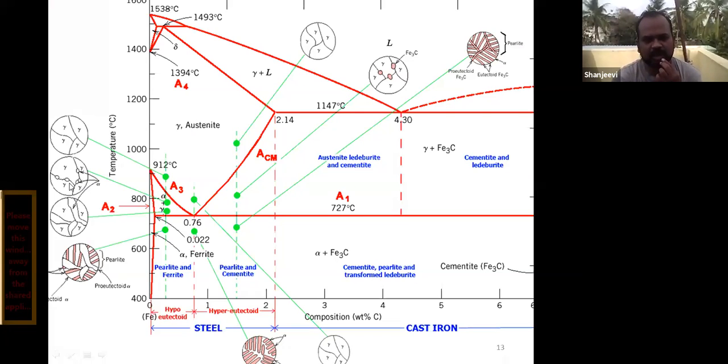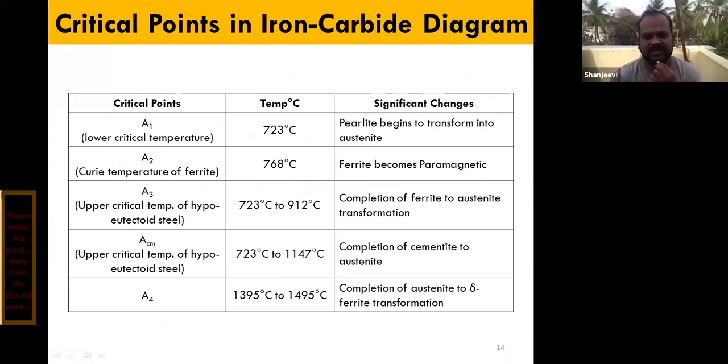So it starts growing slowly. Now, still below near the A1 line, you can see the gamma and the ferrite small circle has increased to a bigger one. Then below the last line, it entirely changes into pearlite. Pearlite means ferrite and cementite mixed in order. So this is how the complete reactions take place.